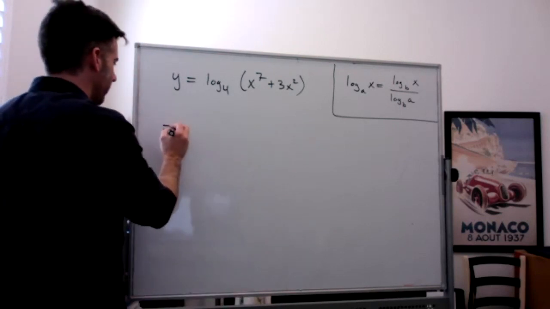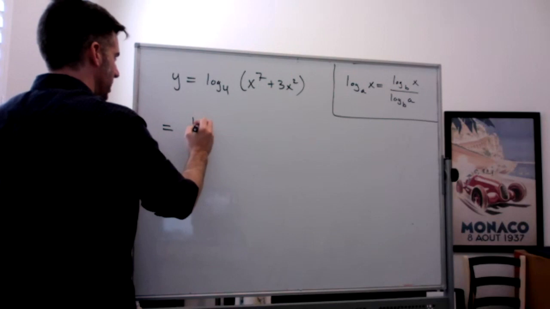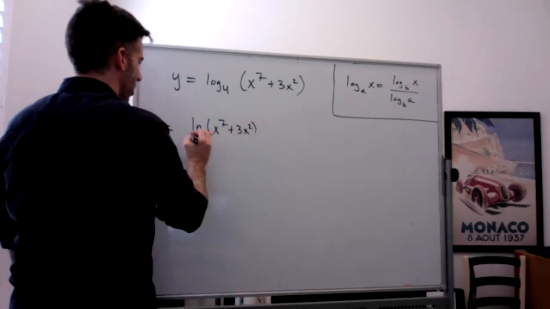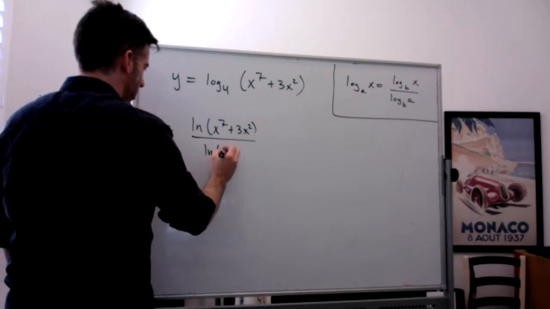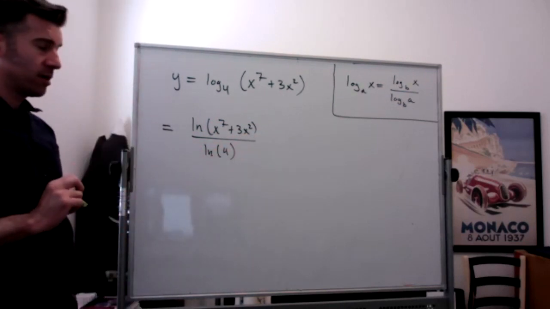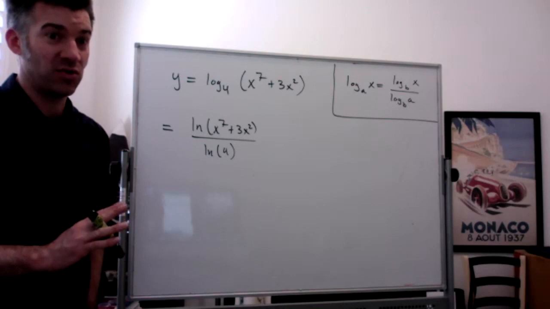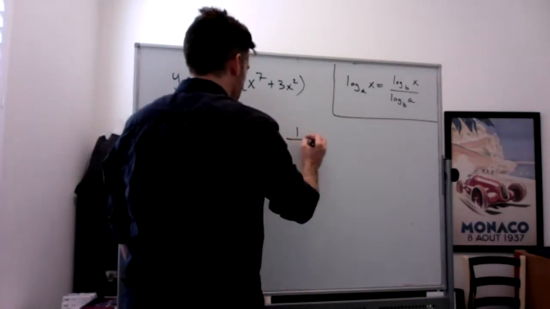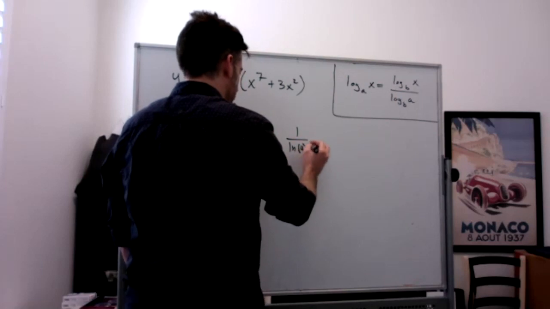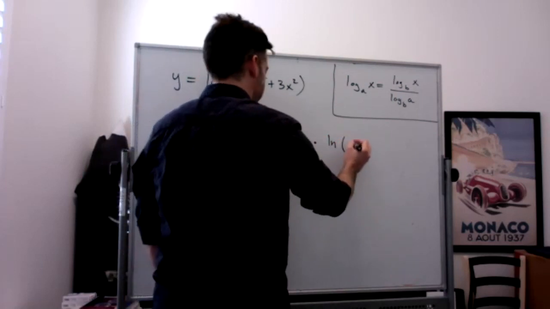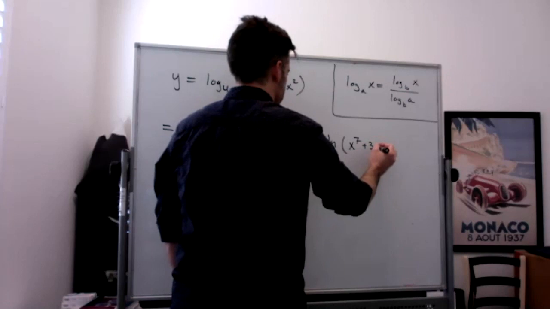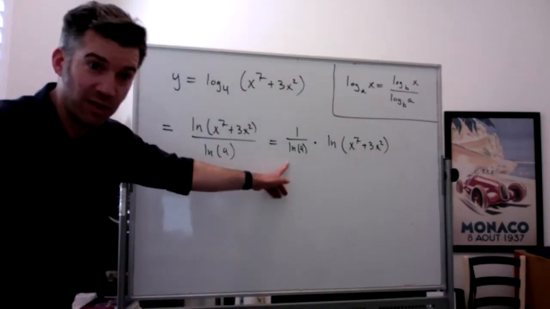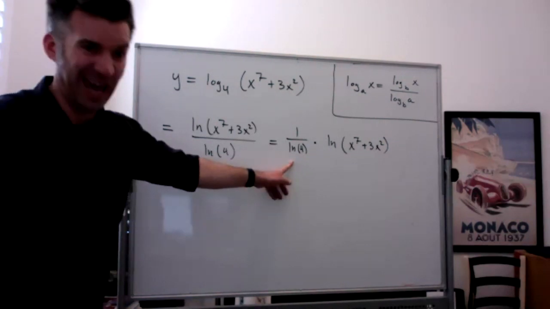So we could totally write this as natural log of x to the 7 plus 3x squared over the natural log of 4. But dividing by the natural log of 4 is just multiplying by the constant 1 over the natural log of 4 times the natural log of x to the 7th plus 3x squared. Constant multiples just hang out, right?